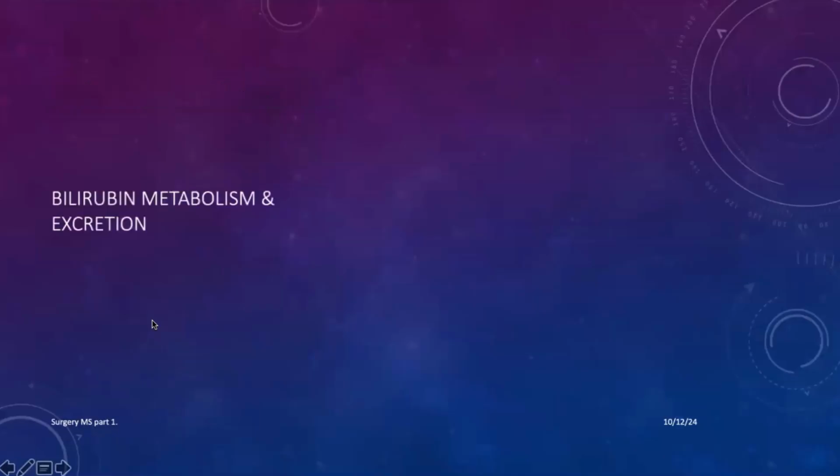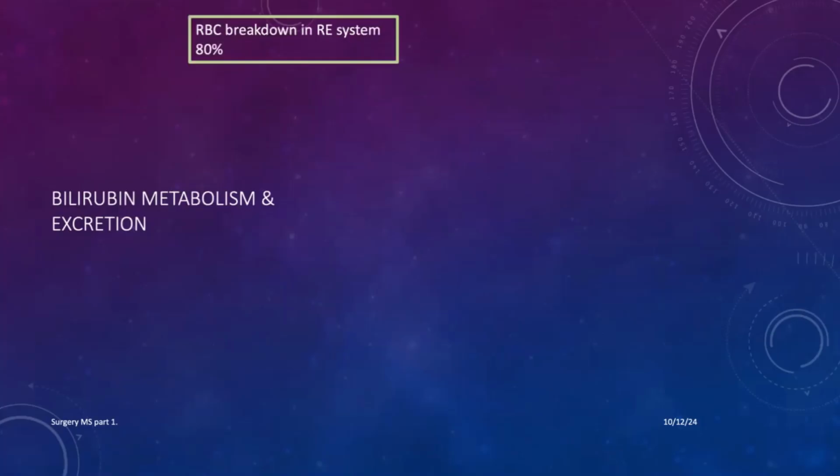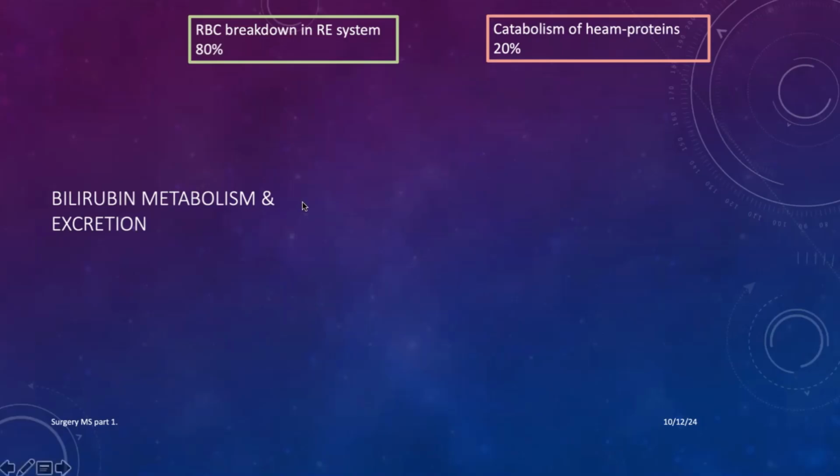If you look at the secretory functions, bilirubin metabolism and excretion is very important. If you look at your red cells, they break down in the reticuloendothelial system, that is about 80% of them, whereas other heme proteins undergo catabolism, that is about 20%.